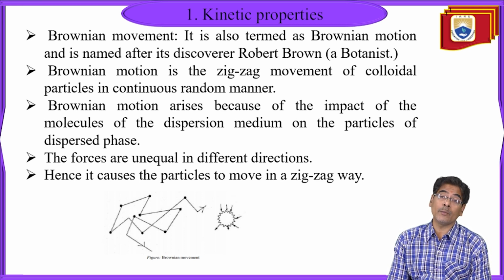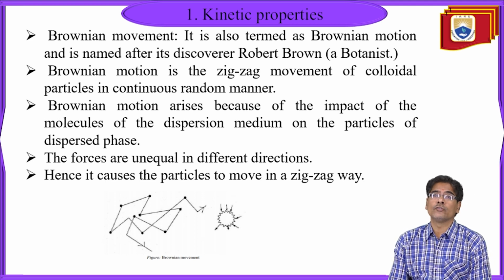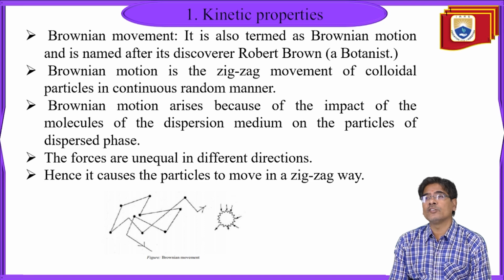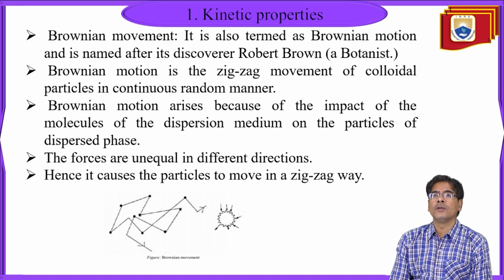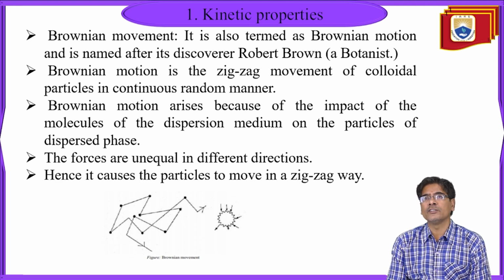When we speak about the kinetic property of a colloid, we need to speak about Brownian motion. Brownian movement is named after its discovery by Robert Brown, a botanist. Brownian motion is a zigzag movement.